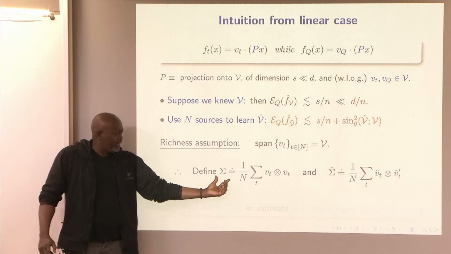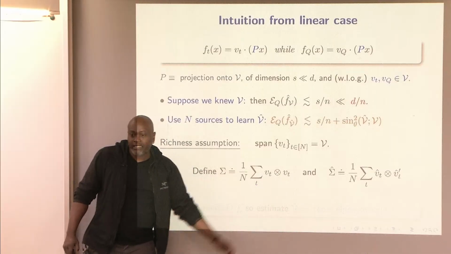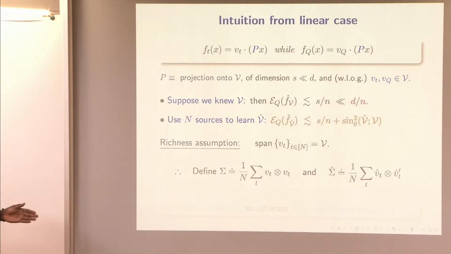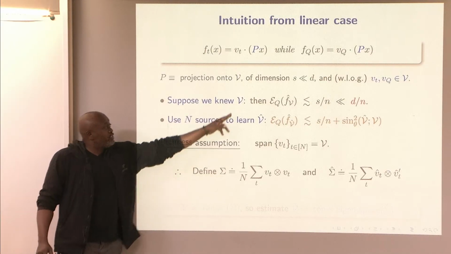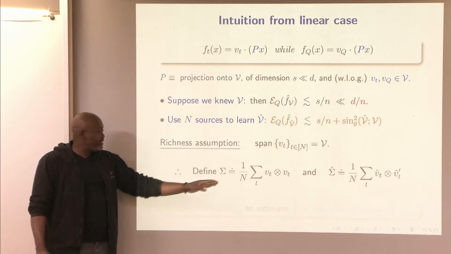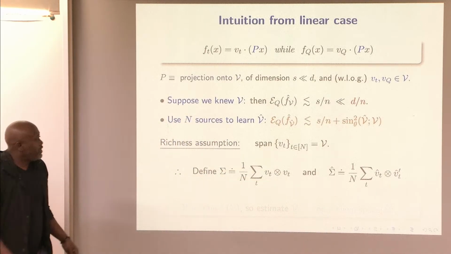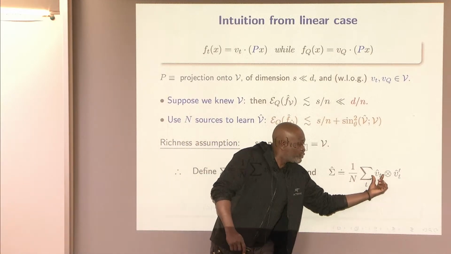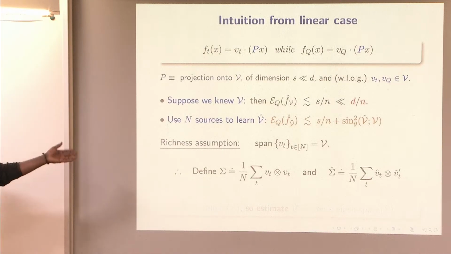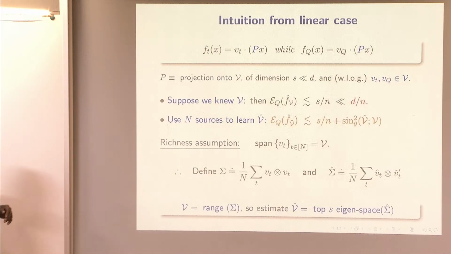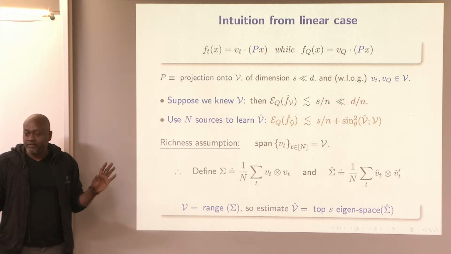Then I can look at the covariance between the V_t, not quite a covariance, but this average outer product between the V_t, and the range of this Sigma is V, right? So since the range of this Sigma is V, I can just estimate Sigma by Sigma hat, where Sigma hat does regression in every task, and then take the range of that Sigma hat. Clear, everyone? So that's the main assumption in the basic linear case.